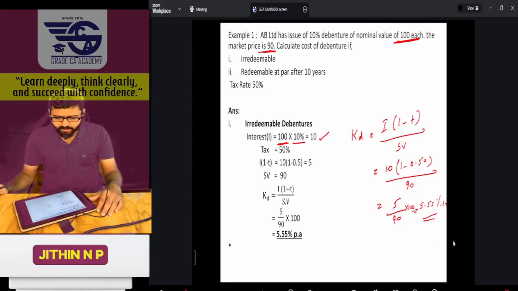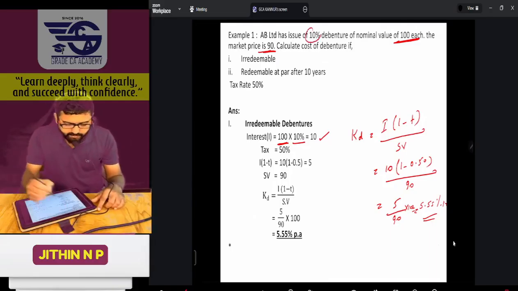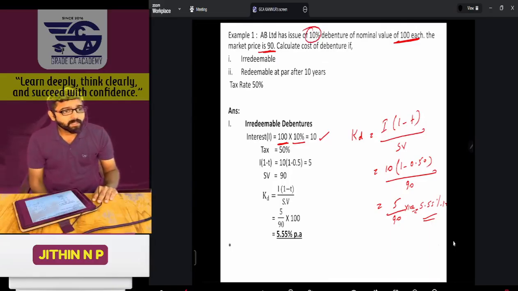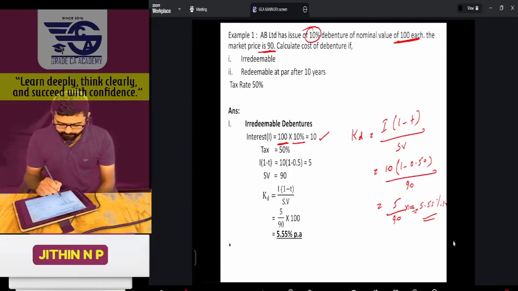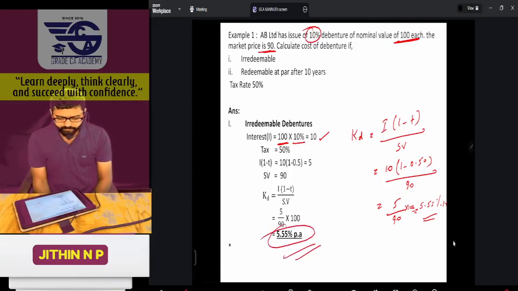From the company's point of view, the percentage cost of debentures: the interest percent is 10%, but we computed 5.5% as the cost of debenture.